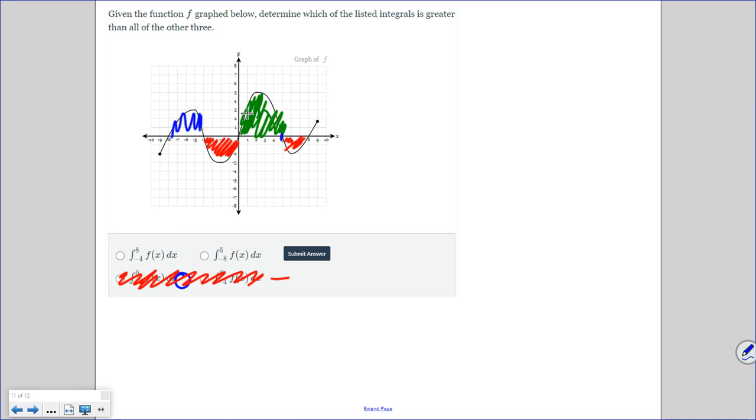I'm going to think that -8 to 5 is this part. There's a lot of positive, not much negative. And then from -4 to 8, I've got two sections of positive. I'm going to think from -8 to 5. I think this one's probably the larger one.